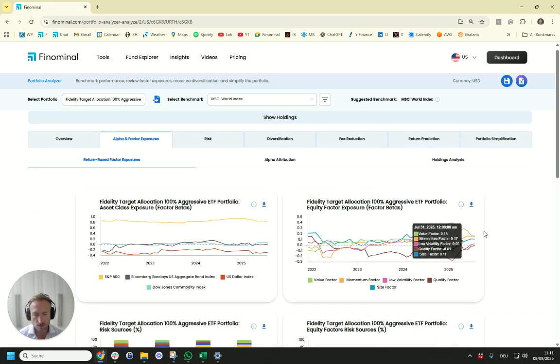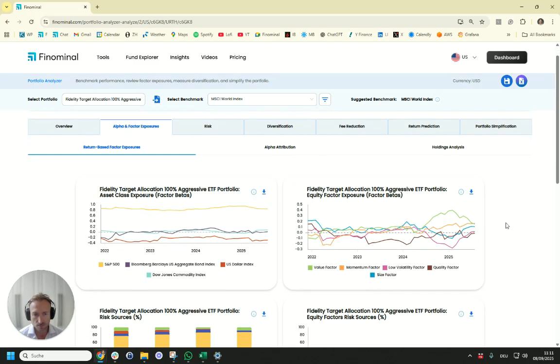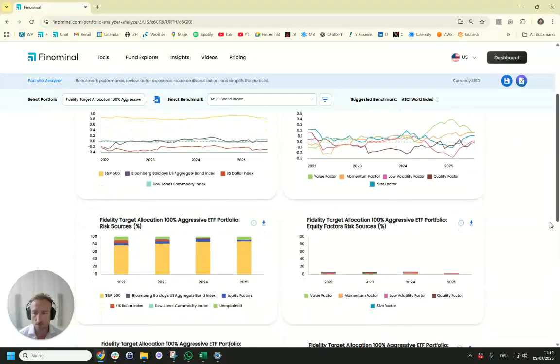In general, there are no consistent biases to factors, except perhaps to the quality factor. And we can see there is a negative exposure to the quality factor, and we can attribute that to a meaningful amount of value and dividend funds in there, because companies that are cheap or that are paying high dividends tend to be poor on quality metrics like leverage and profitability. But overall, there's not a lot of consistent equity exposure.